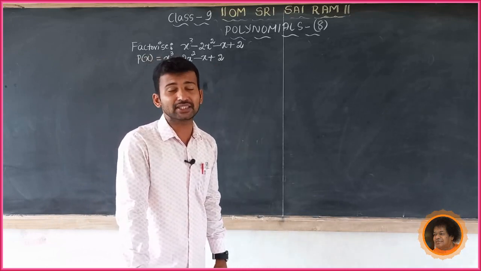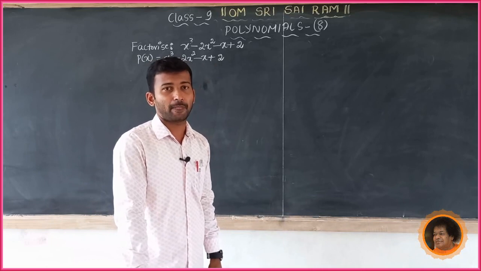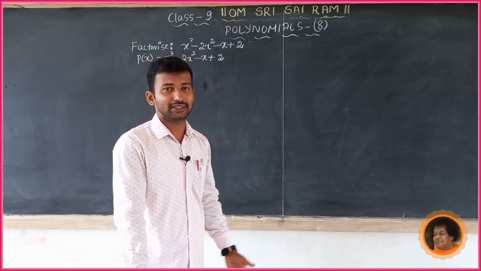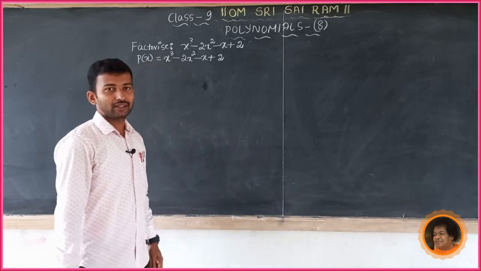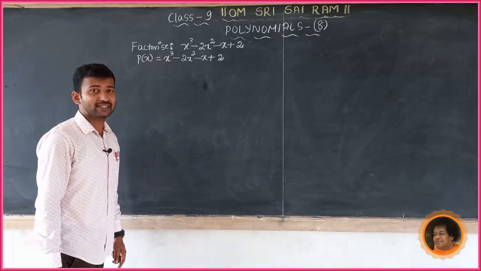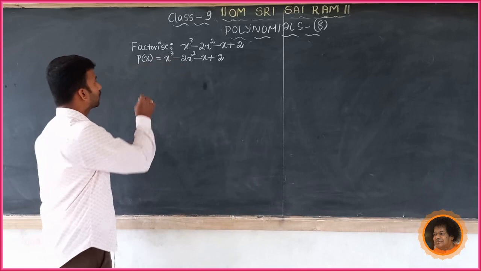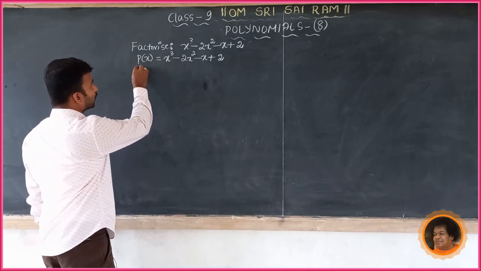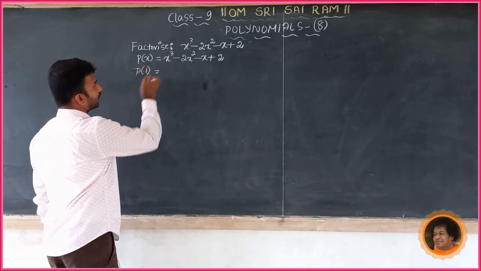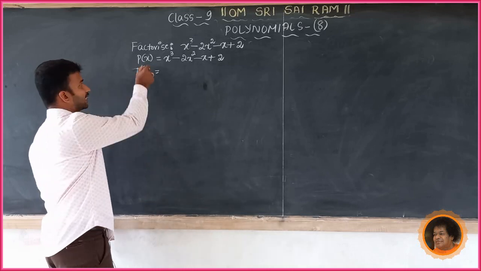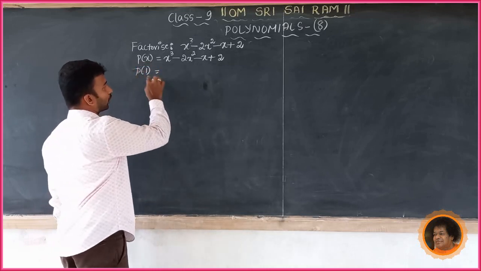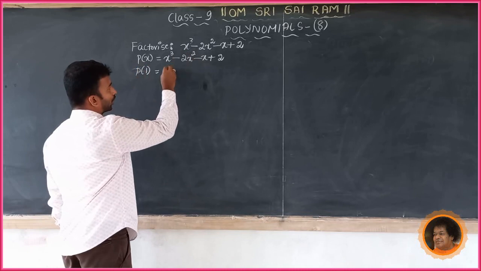So we need to find the zero of this polynomial first. So how to find? Yes, by the trial and error method. Let us check for x is equal to 1. If x is equal to 1, p of 1, substitute 1 in this polynomial.